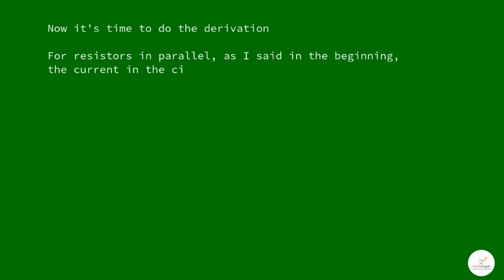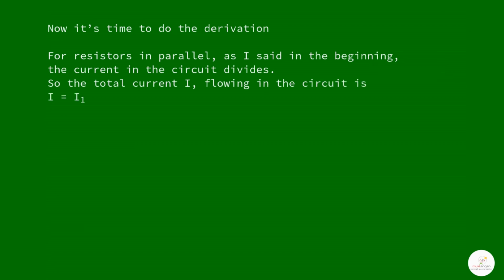Now it's time to do the derivation. For resistors in parallel, as I said in the beginning, the current in the circuit divides. So the total current I flowing in the circuit is I equal to I1 plus I2 plus I3. Now, you remember Ohm's law? It's V is equal to IR.